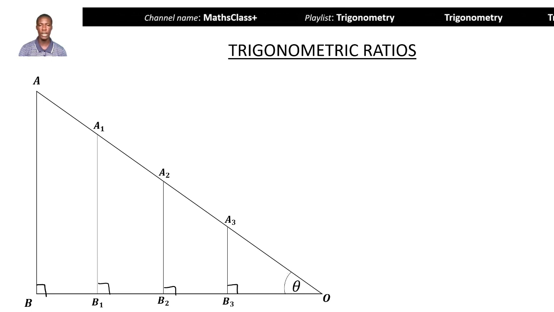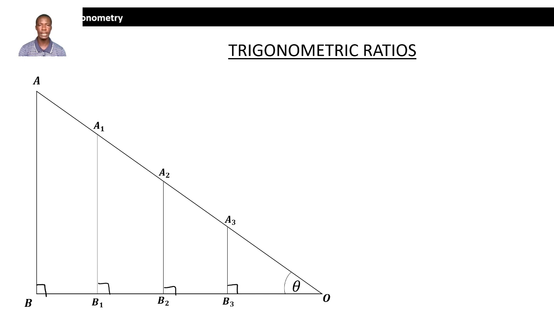Now, because they have a common angle, and please note, they have a common angle, it means that the triangles are similar, which also means that the ratio of corresponding sides are equal.